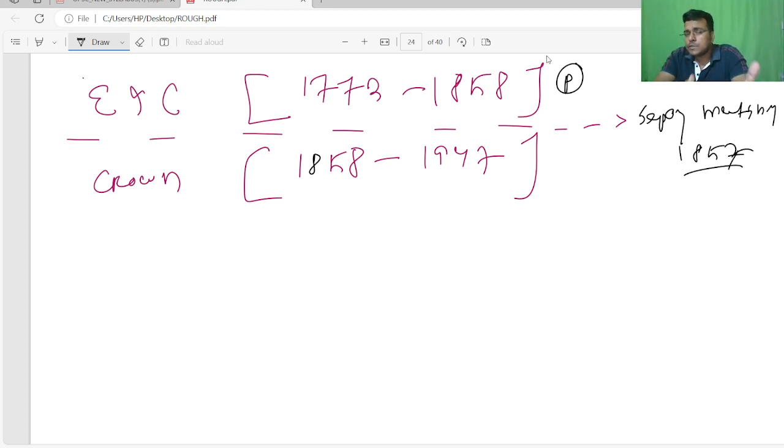Our main focus is the Crown rule, 1858 to 1947, and how the development of the Indian constitution happened. Many times in public administration we get a question that the Indian constitution is a product of past and present development.